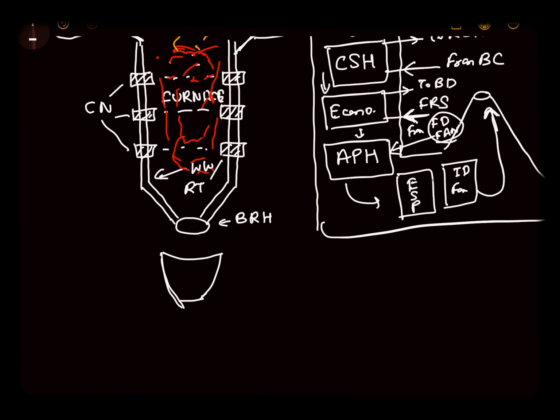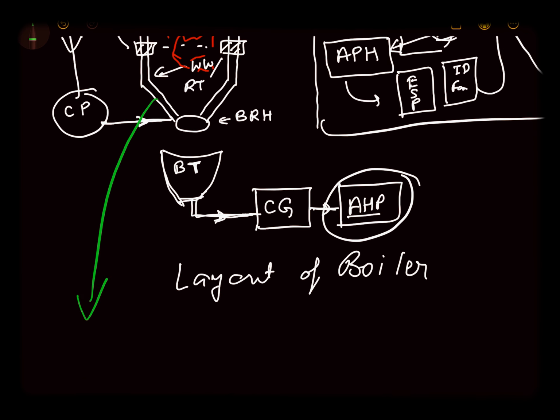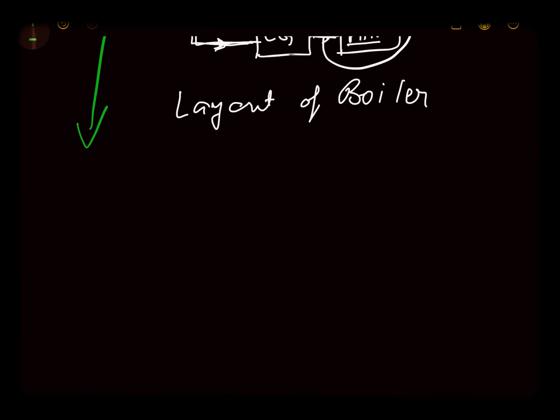Fine. One very interesting thing I want to show you is that if you see this boiler from the top, let's say you are seeing this boiler from the top, then what you will see will be something like this. It will be circular or square shape.